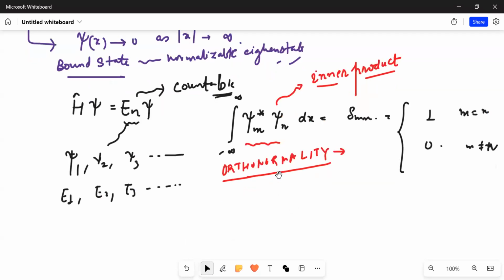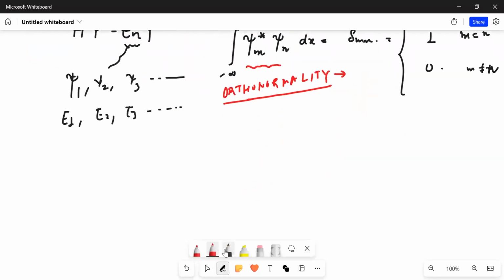Now, one more important thing is completeness. The energy eigenstates are said to be complete in the sense that any wave function can be expanded as a superposition of energy eigenstates.